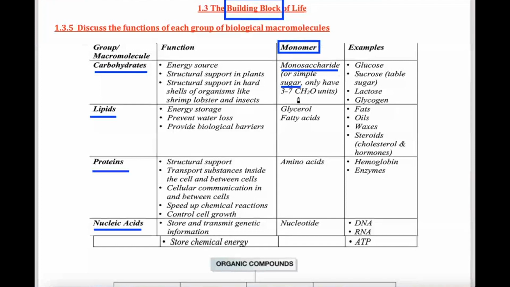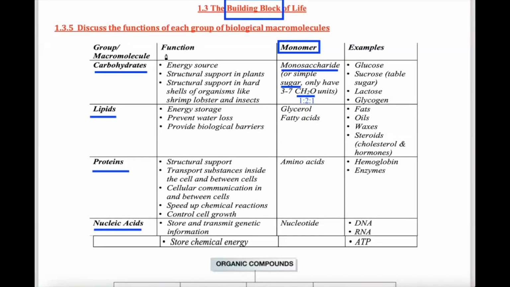They only have CH2O. This is the unit. You say that they are only made up of carbon, hydrogen, and oxygen. And the ratio which makes CH2O is always 1:2:1. You can easily see in the formula, carbon is 1, hydrogen is 2, oxygen is 1.